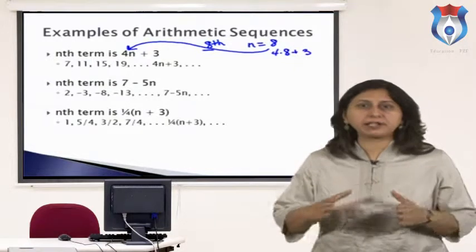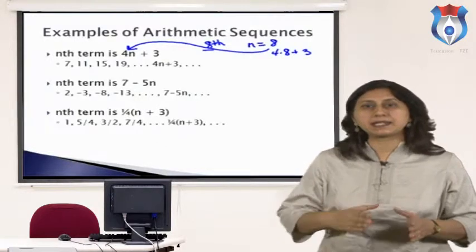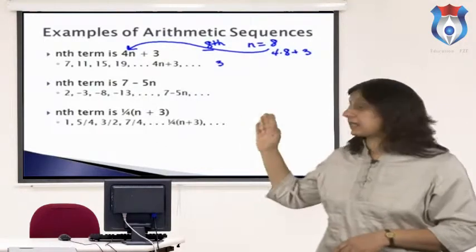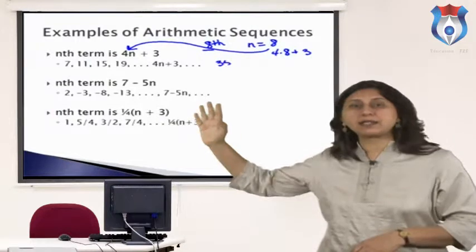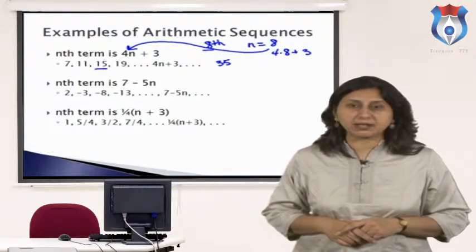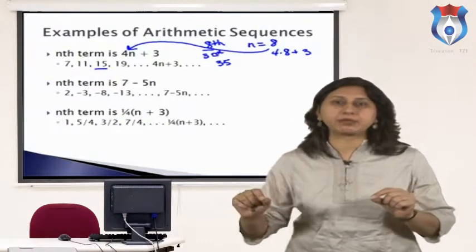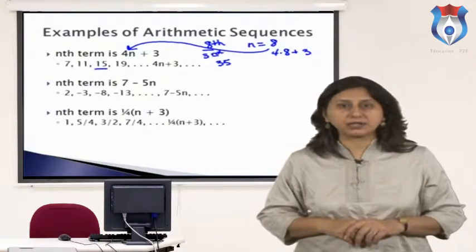The corresponding arithmetic series a plus (a plus d) plus (a plus 2d) plus (a plus 3d) plus so on is designated as the standard form of an arithmetic series. The abbreviation AP for arithmetic progression is commonly used.